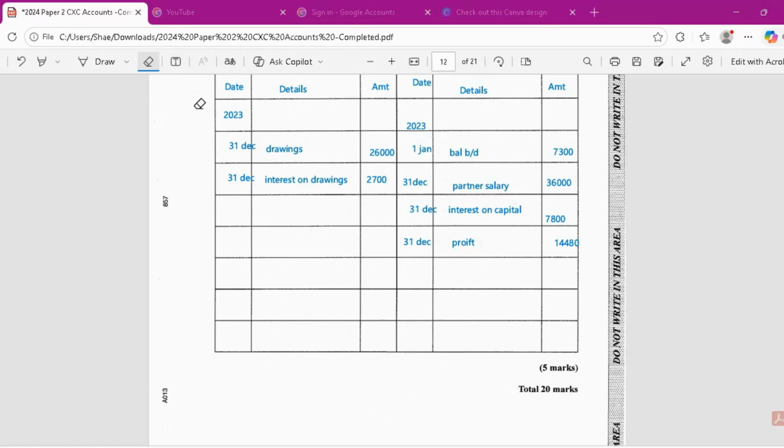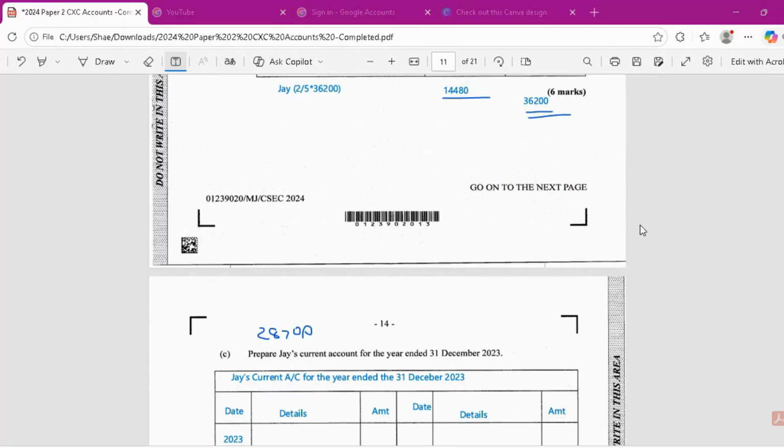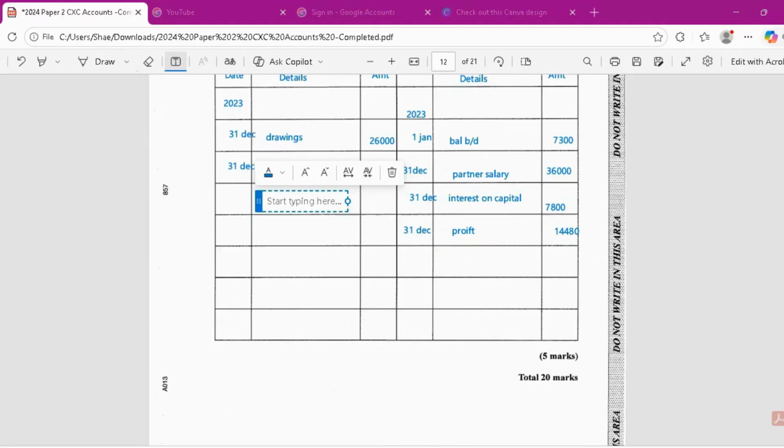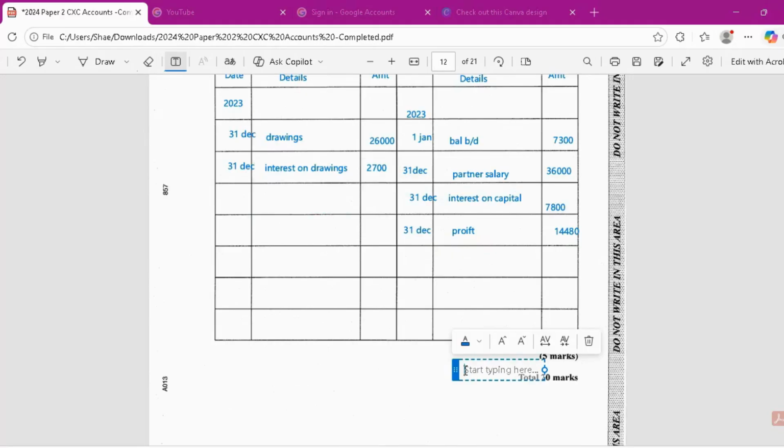Alright, 65,580. So that now will give you 65,580 as your credit side minus 28,700. So put that into your calculator and you will get your balance CD.